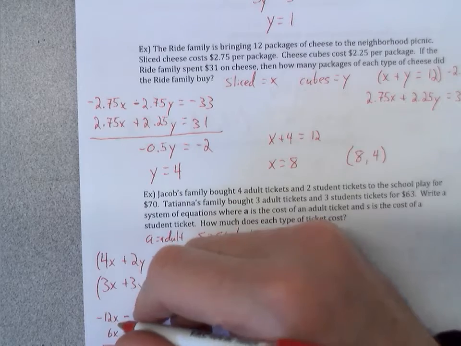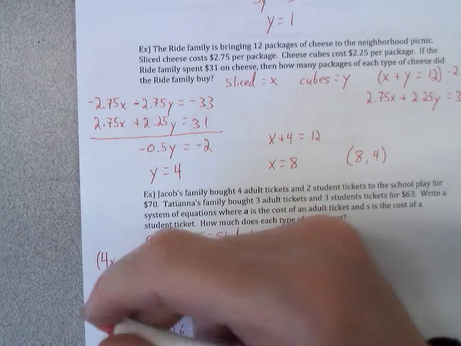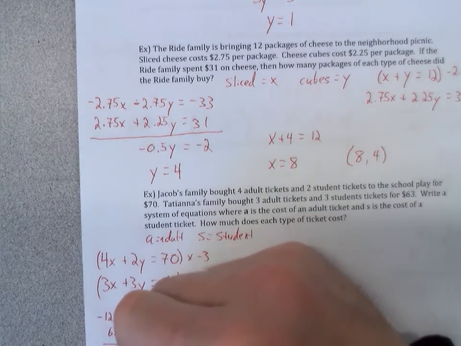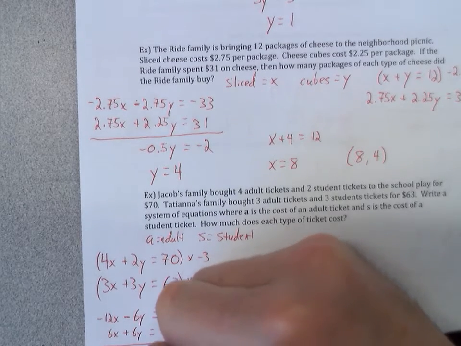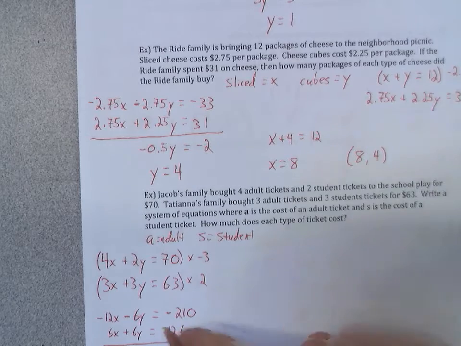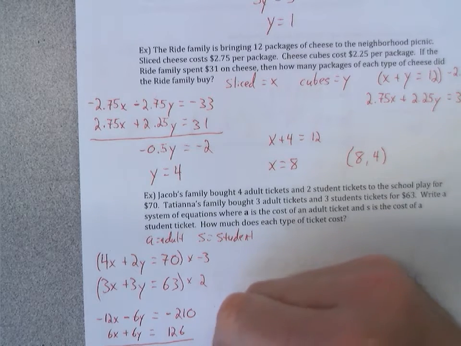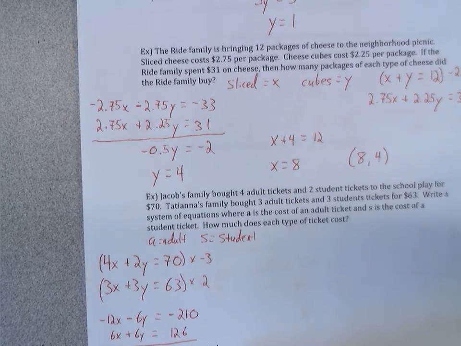All right, I can simplify this down. The y's are going to cancel. I'm going to end up with negative 6x is equal to negative 84. If I divide negative 84 by negative 6, I get x is equal to 14.